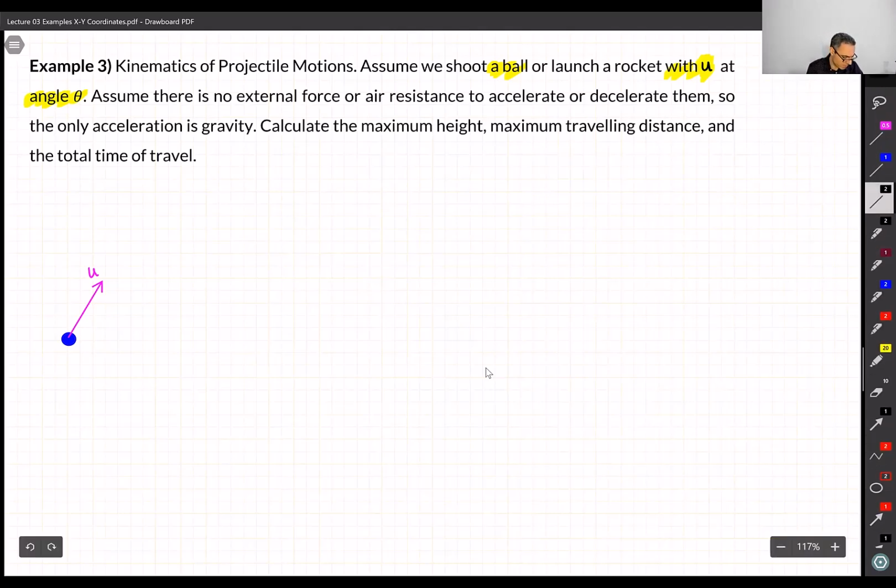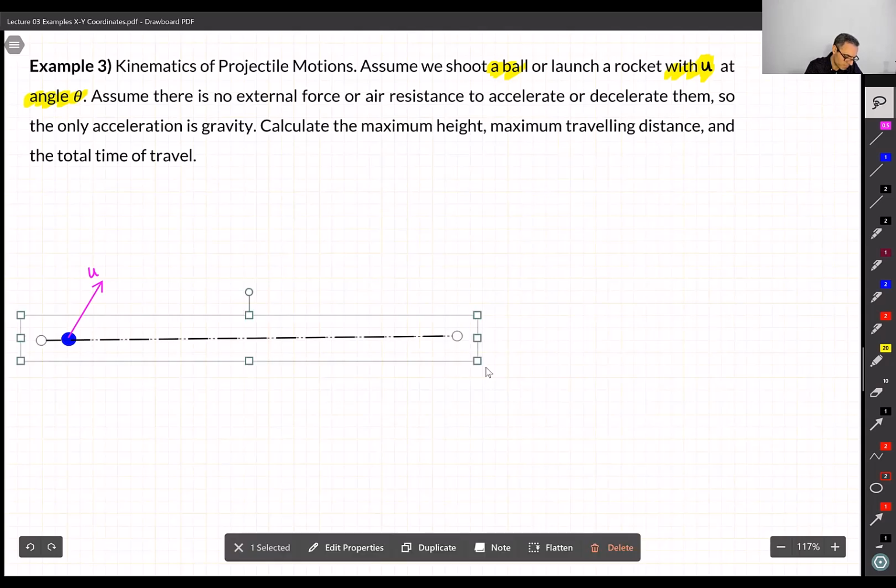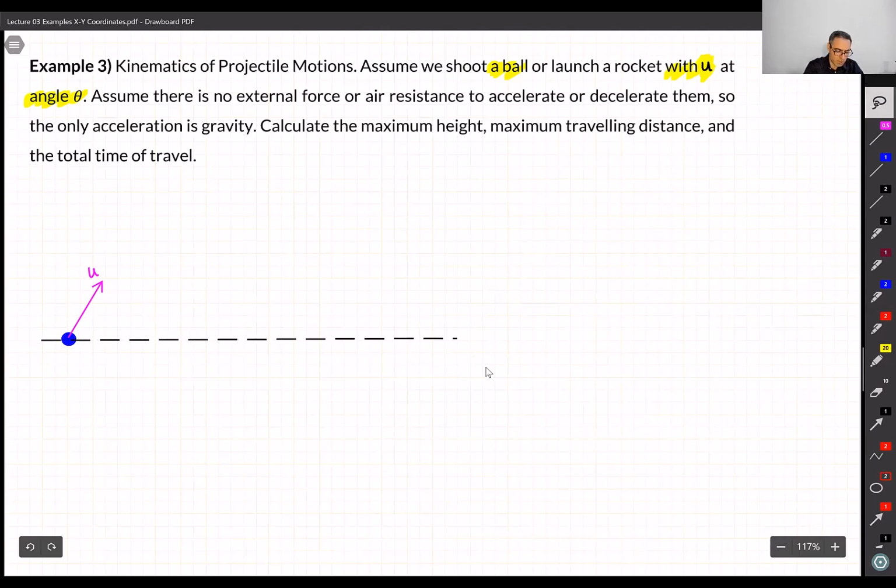Let me draw a horizontal line so I can then know what's going on. All right, so this is a horizontal line. We all know if you shoot a ball like that, it's probably going to travel something like this, right?